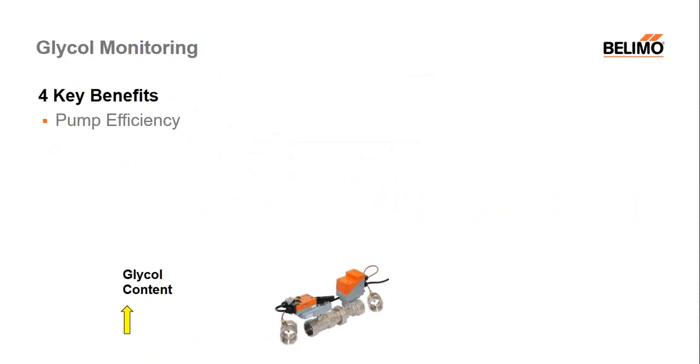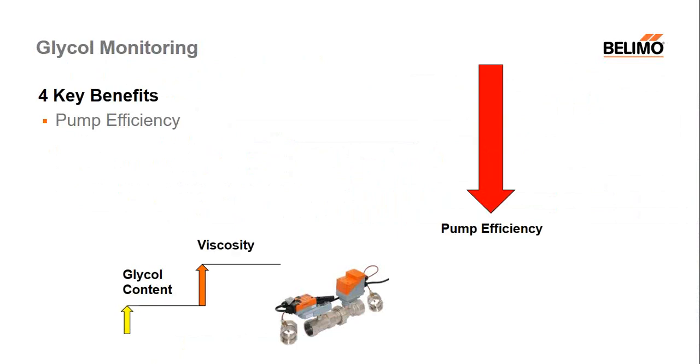So there are some key benefits when we talk about glycol monitoring, and they're basically tied around efficiency and pumping efficiency. Pumping efficiency and glycol concentration kind of go hand in hand. As our glycol concentration increases within the system, our pump efficiency goes down, because as glycol content increases, the media becomes thicker, more viscous.